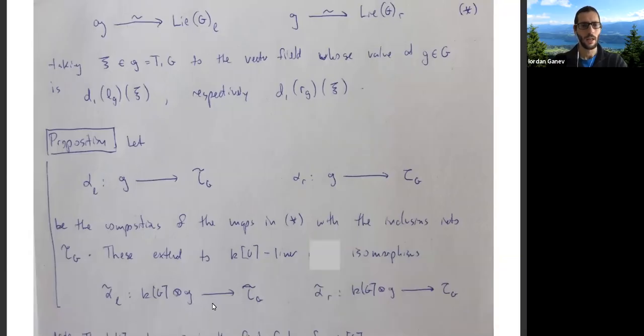In fact, this proposition is telling us that any vector field on the group can be built out of a left invariant or right invariant vector field if we allow ourselves to vary the functions on the group G. So more formally, if we take the tensor product of the affine algebra, so all functions on G, with left invariant vector fields, that gives us all vector fields.